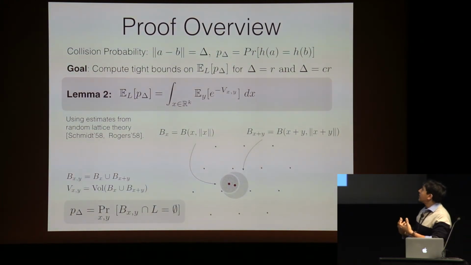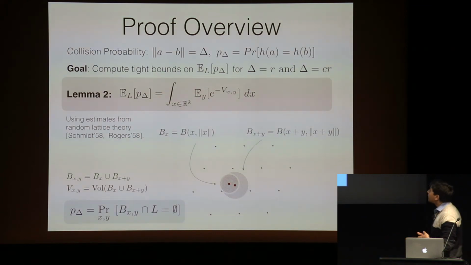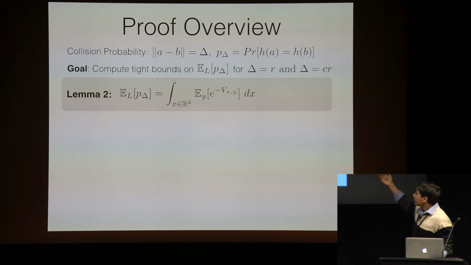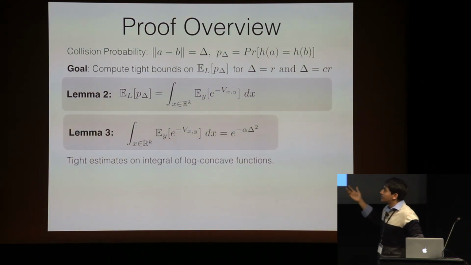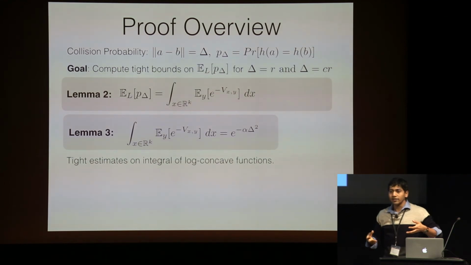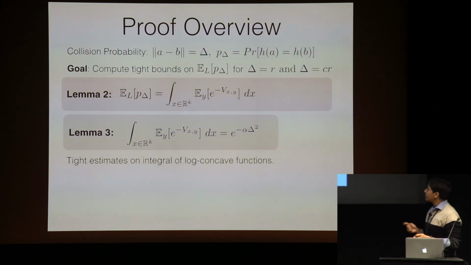And this volume can be tightly bounded by the sum of the volume of these two balls up to a factor of half. Then all that remains is to compute this integral. Even though it's simple, it is just a double integral of two log concave functions, it turns out to be a pretty messy computation, and we need to be very precise.